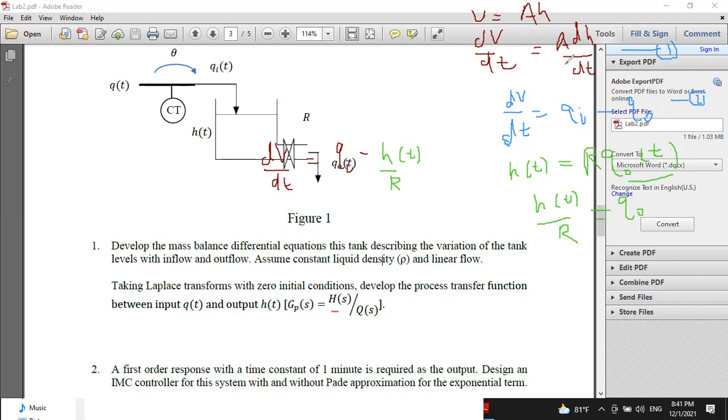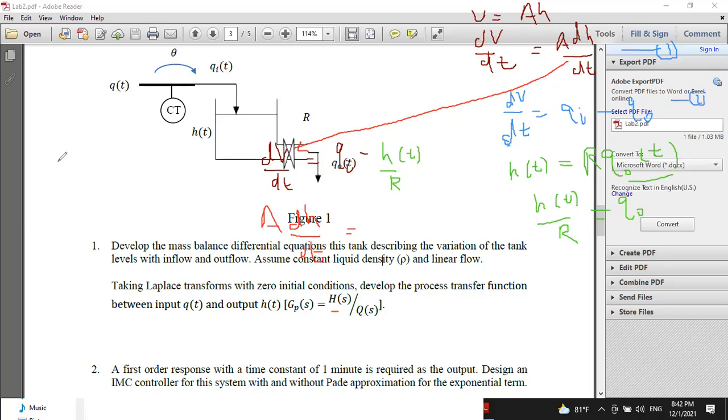So we substitute this here and get A dh over dt equal to, can you all see? Shall I use the whiteboard?